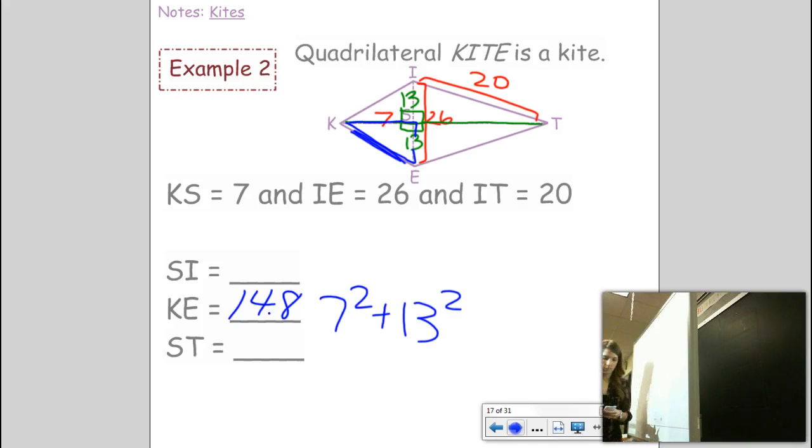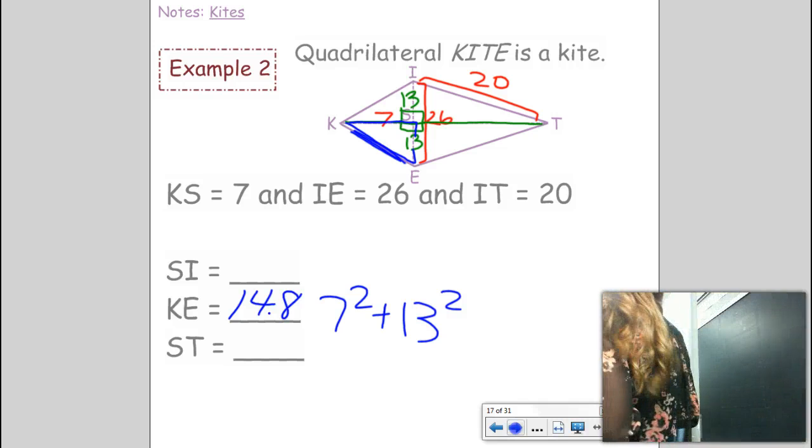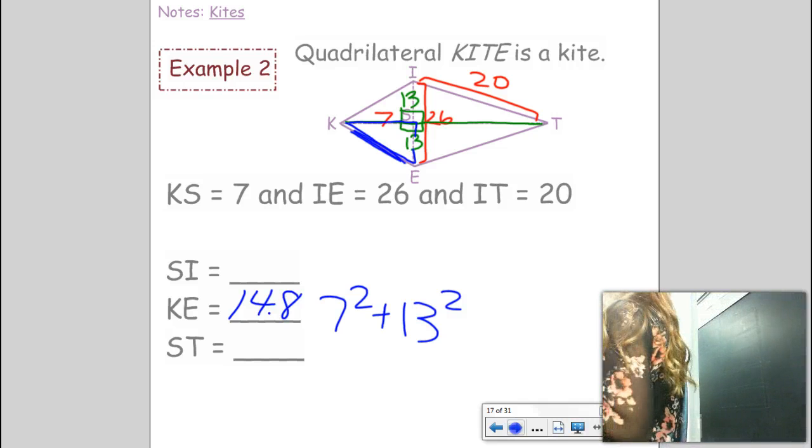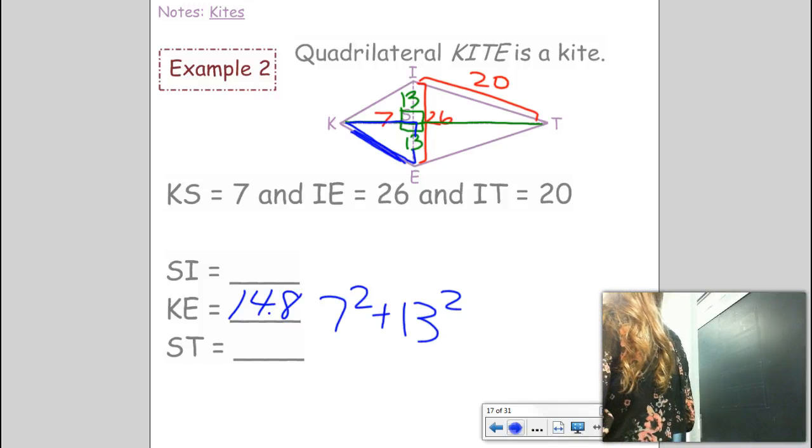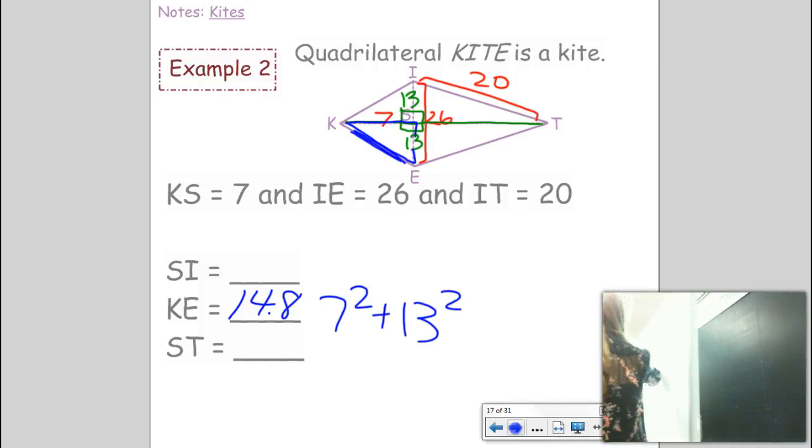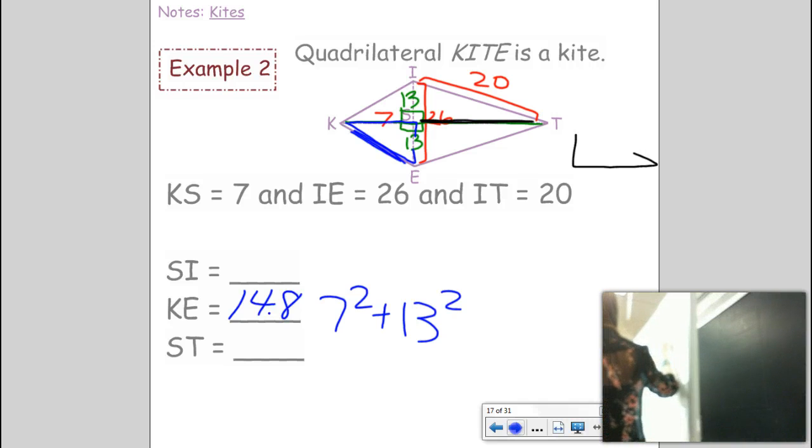Alea, can you help me out with the next one? With the Pythagorean theorem the next time? Catherine, what's our other Pythagorean theorem that we're going to use to find ST? We're trying to find this guy. We've got a lot of stuff in our picture, so if your picture starts getting too crowded, redraw your triangle. This is 13 and this is 20.